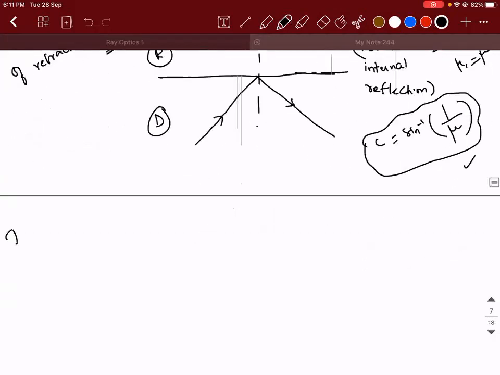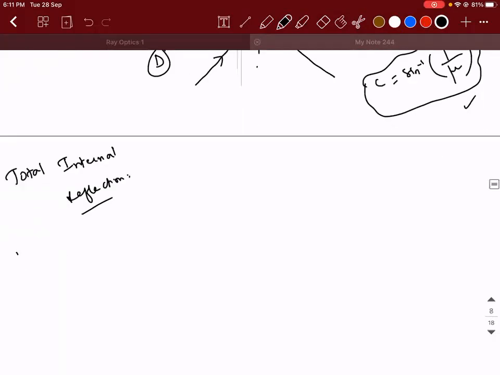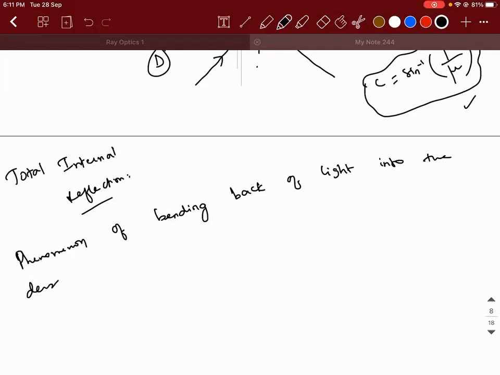Next. So what is total internal reflection? It is a phenomenon in which light gets reflected back, bending back into the denser medium. And when will this happen?